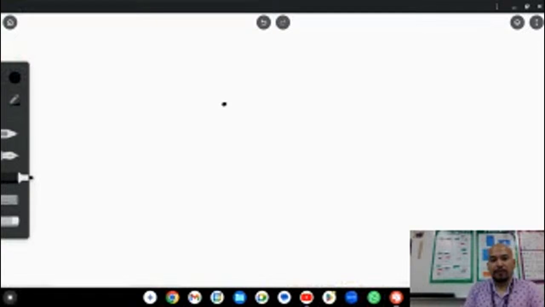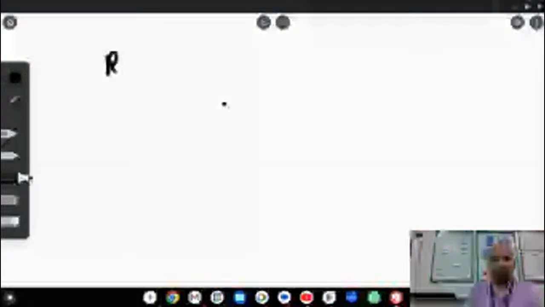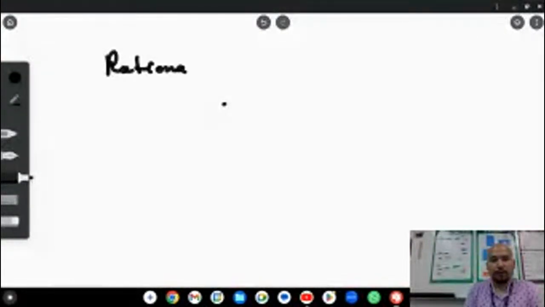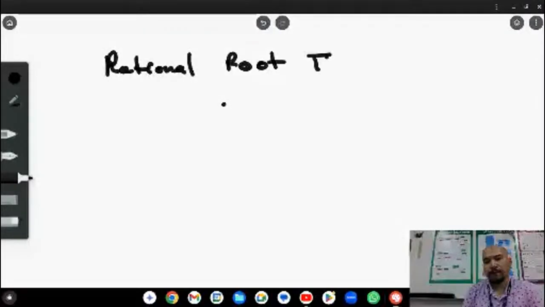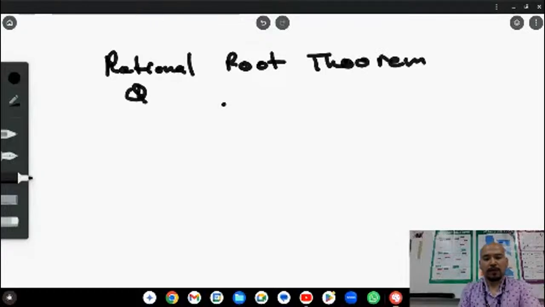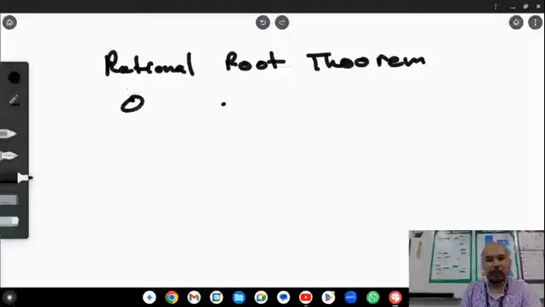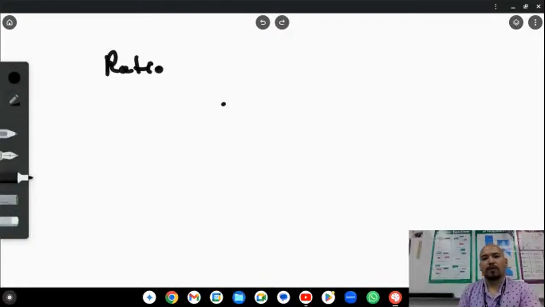So let me give you a quick recap on the rational root theorem. Just remember that they can also use the Q. I don't know if you get that, so instead of the word rational, let me use that.